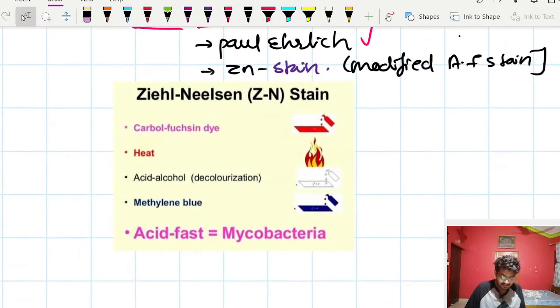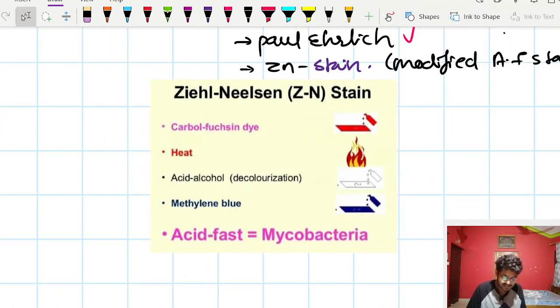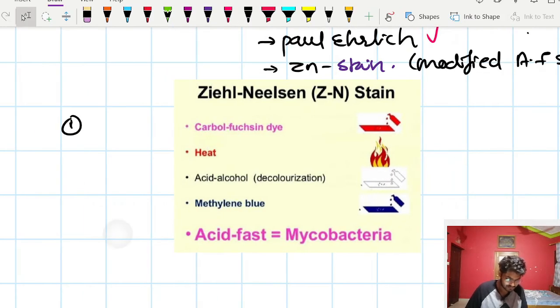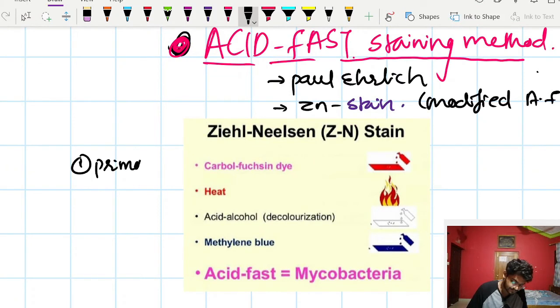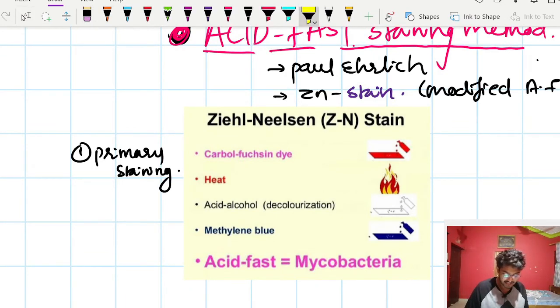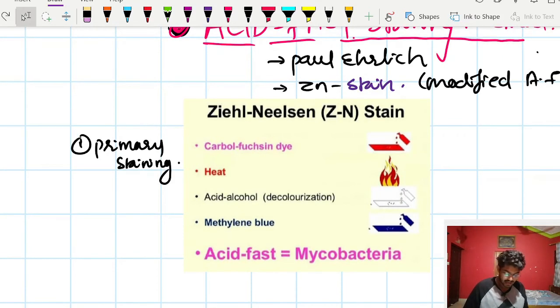So there are three procedures in ZN stain. The first one is primary staining. Here the primary stain is carbol fuchsin dye. There it was crystal violet. Here the primary stain is carbol fuchsin dye, and we have to stain for about 5 minutes.